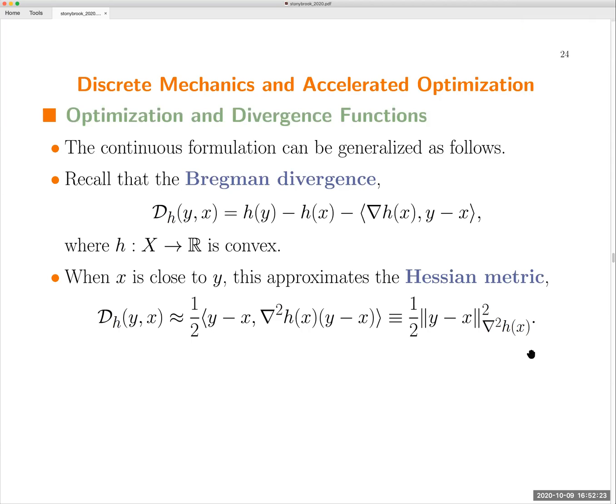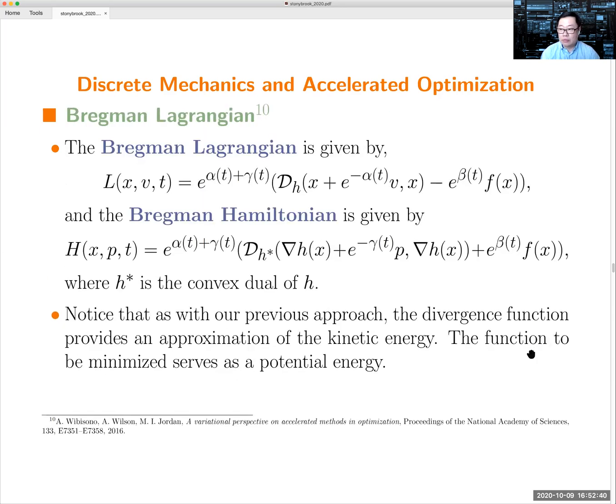Yeah, I have a question. Do we have an interpretation for this conservation of energy in terms of information geometry? Well, the energy isn't conserved, right? Because the Lagrangians and Hamiltonians are time dependent, so the energy isn't conserved.